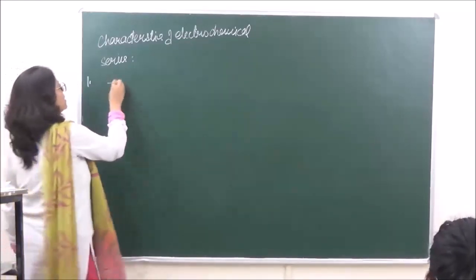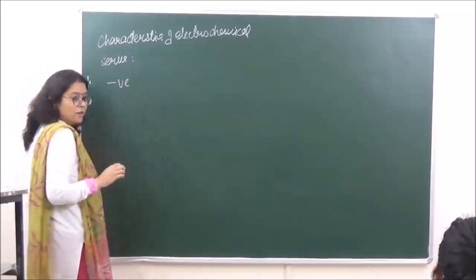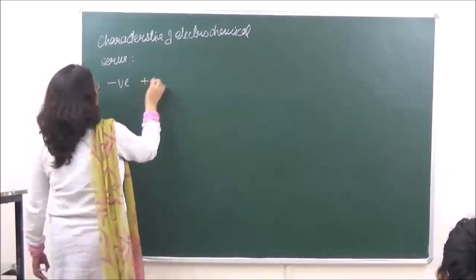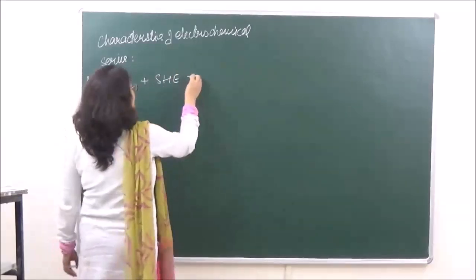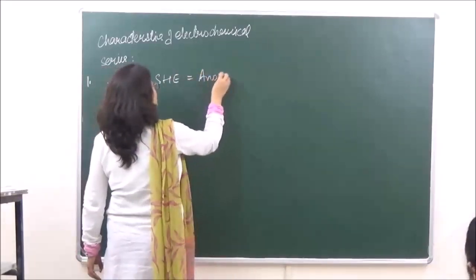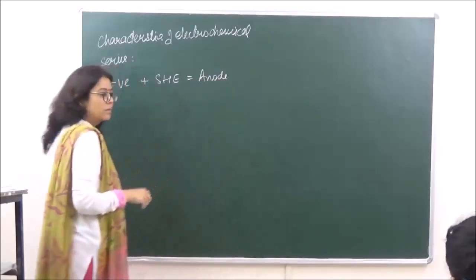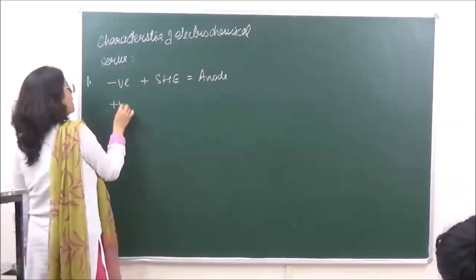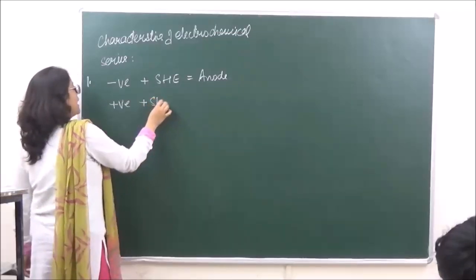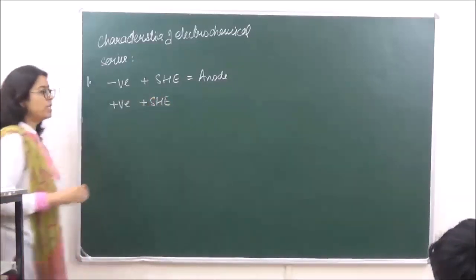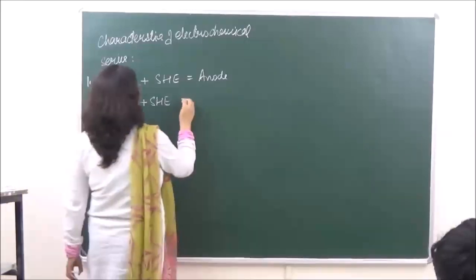So if we have a negative reduction potential and we are connecting it with SHE, the electrode acts as anode. Whereas if we have a positive value of electrode potential and we are joining it with SHE, it is going to be at the cathode.